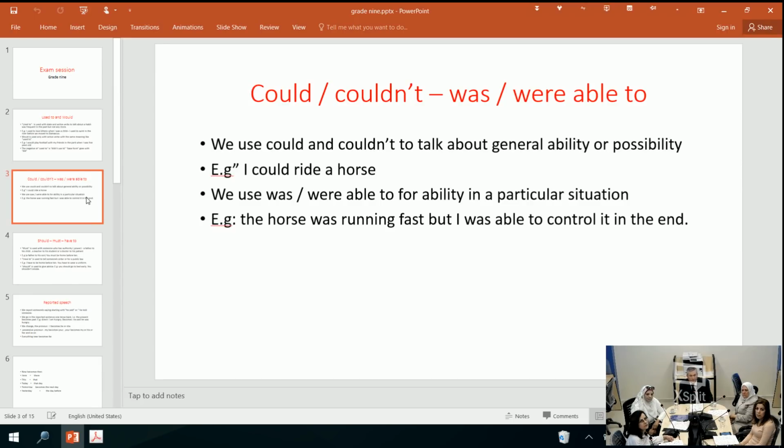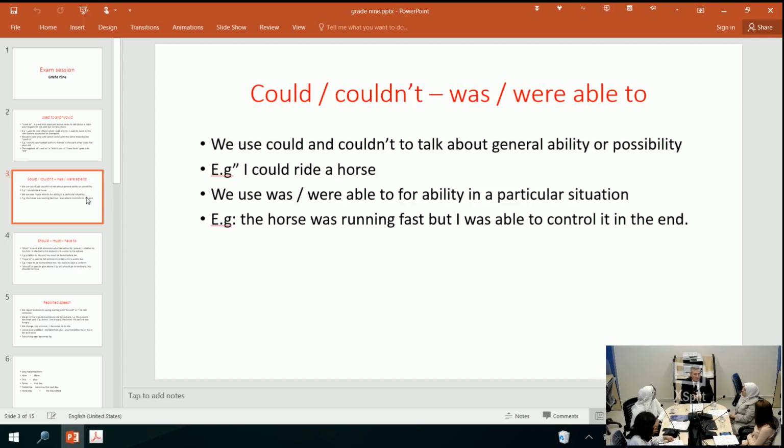We use was able to or were able to for ability in a particular situation. Here we have a special occasion or special situation where the ability appears. Example, the horse was running fast, but I was able to control it in the end. So that we don't confuse the students, was able to and could are very close to each other.